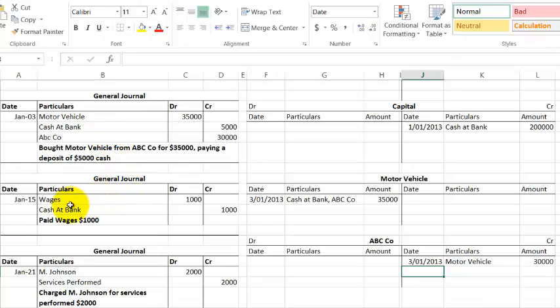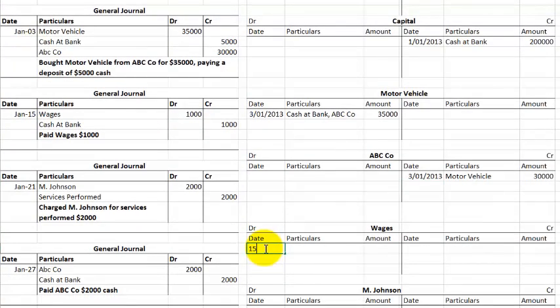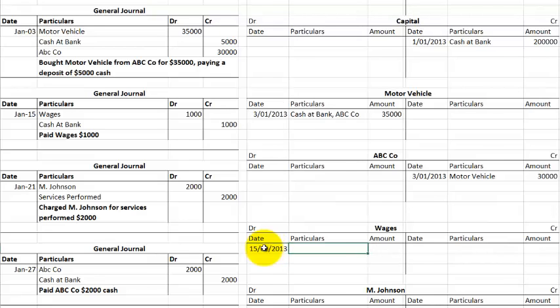So now we look at wages. We paid some wages, $1,000. It says wages debit, an expense account, remember. So on the 15th, we paid cash for it, and that was for $1,000. So what I've now done is put in this entry here.